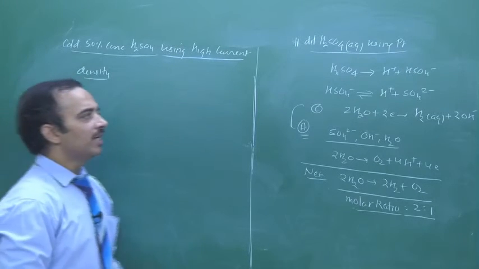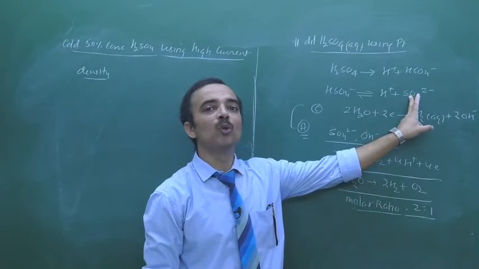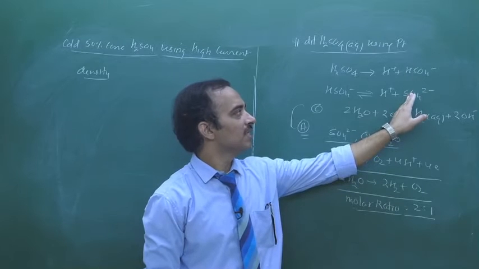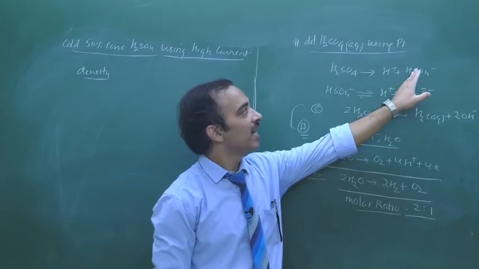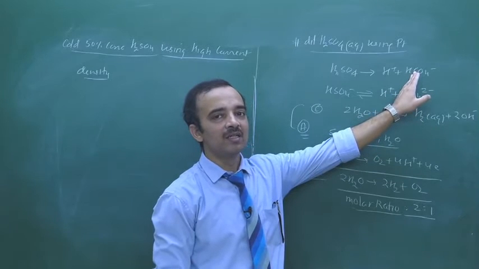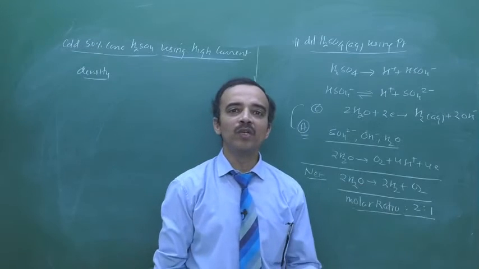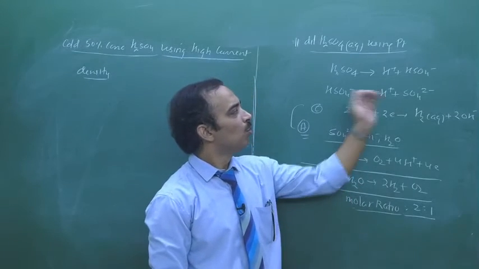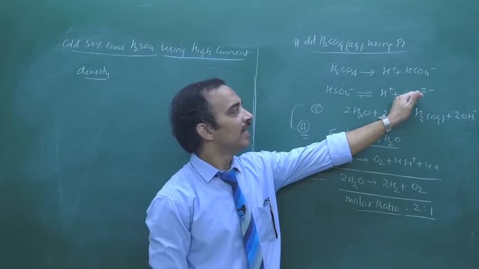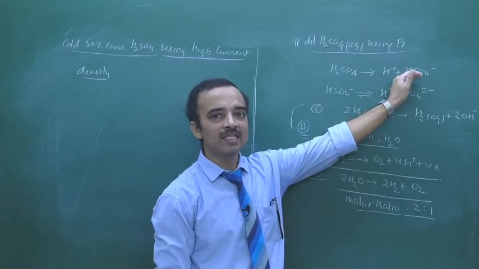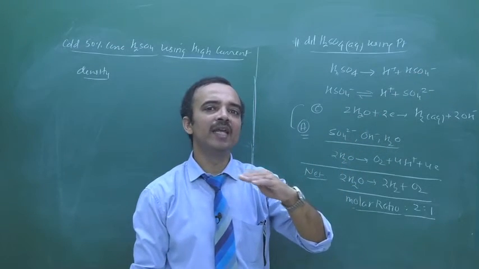In concentrated H2SO4 most of the sulfate ions remain protonated, that is, as HSO4 minus. So in very concentrated H2SO4, we may assume that most of the sulfate ions remain protonated as HSO4 minus. That means we can say the second ionization is negligible.